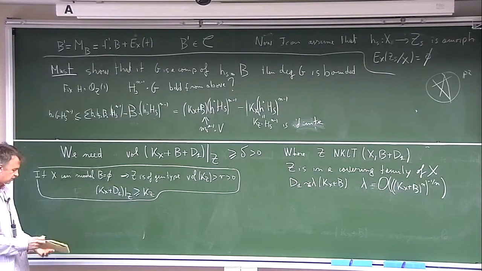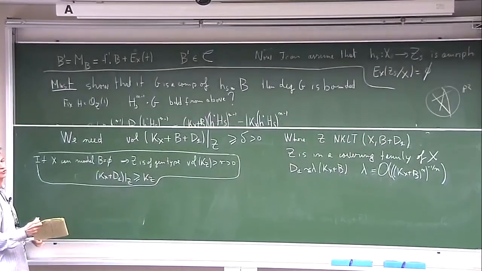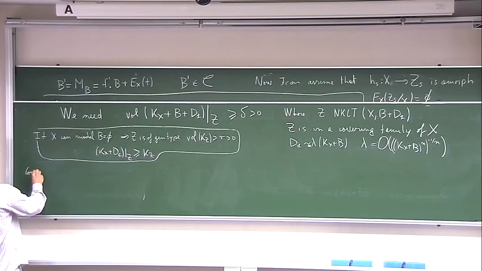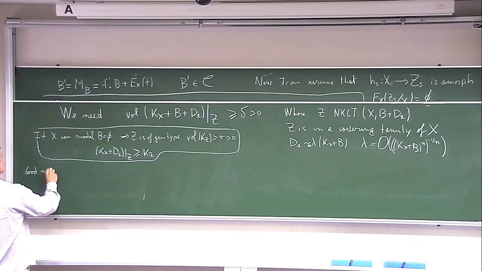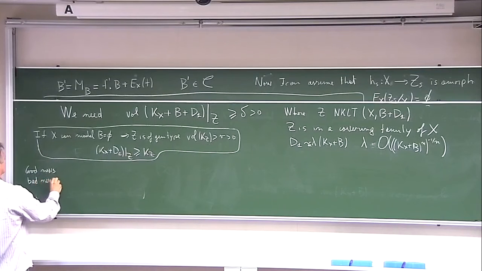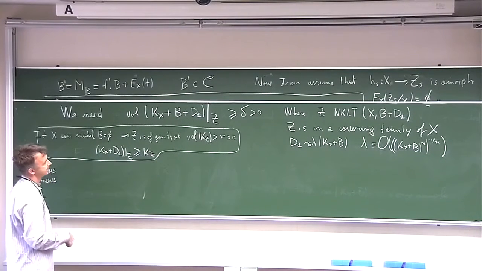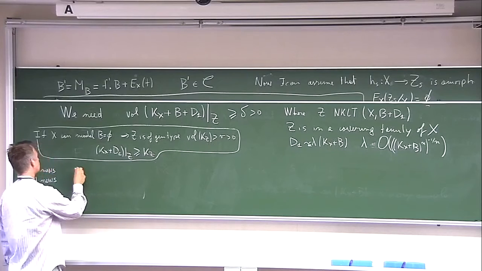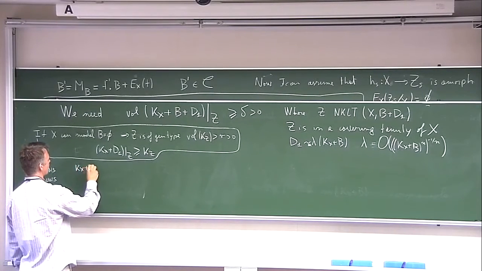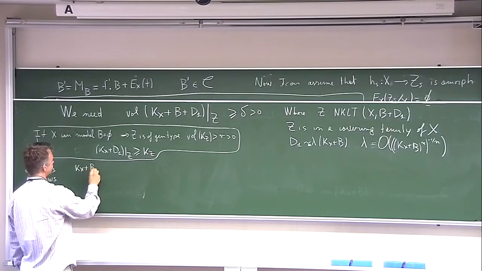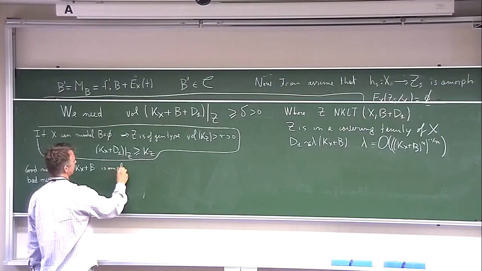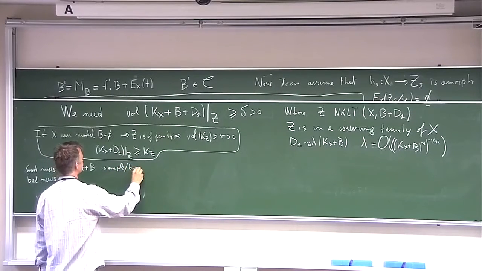Okay, so we're in a bit of a good news, bad news situation. What's the good news, bad news? Well, let's just assume for simplicity that Kx plus B is ample, or big if we're working birationally.